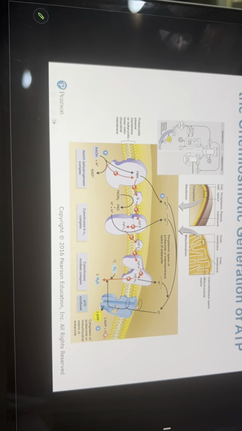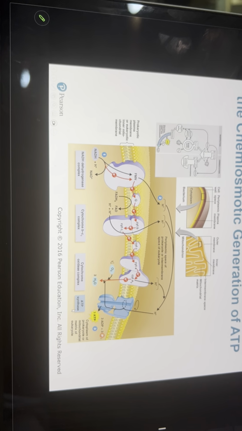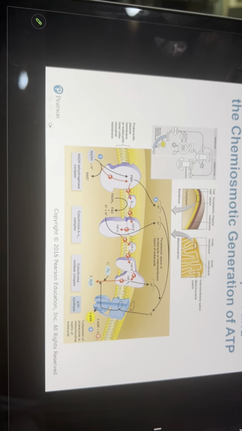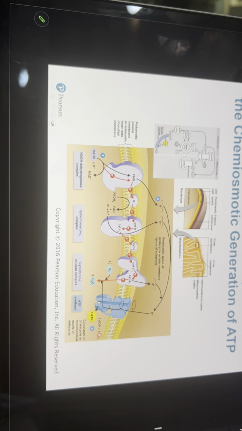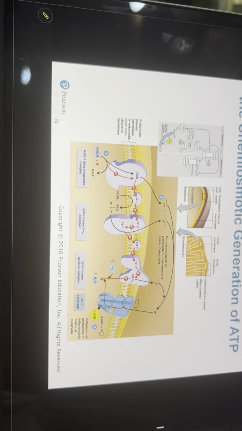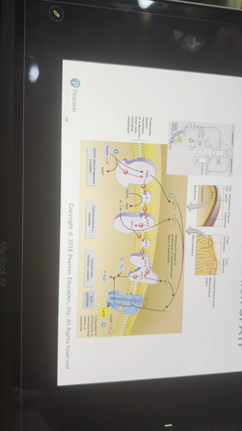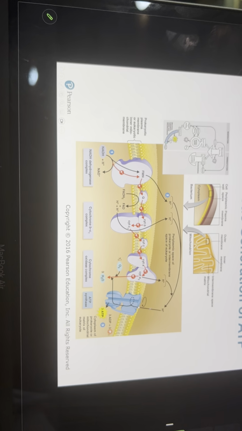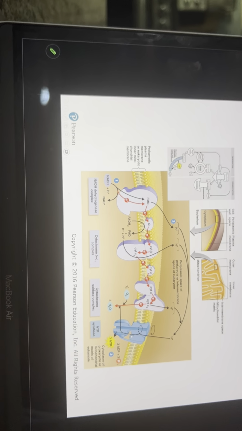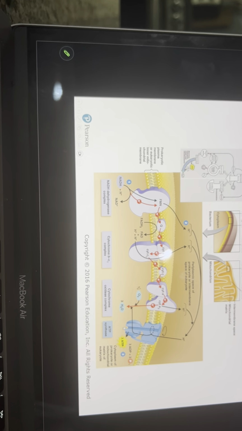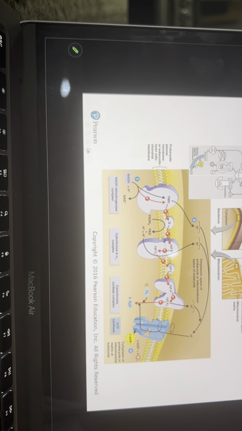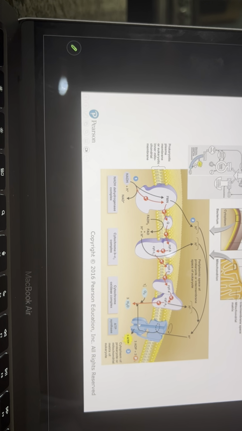And then this last complex is called the ATP synthase. This complex is going to open up, and when it's open, hydrogen will naturally go from high concentration to low concentration, and when it does that, it actually powers this up. I don't know the mechanism; I'd have to be a biochemist to understand this.